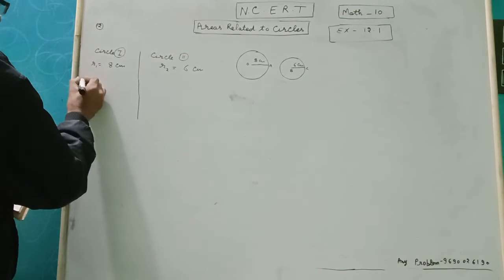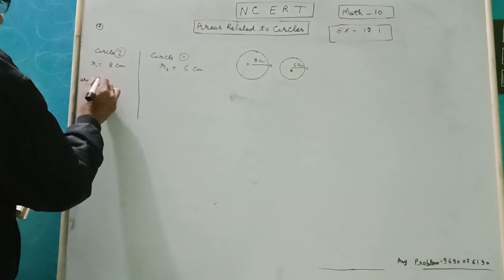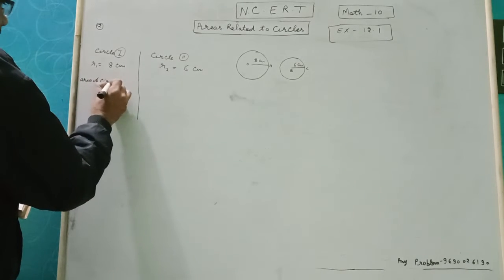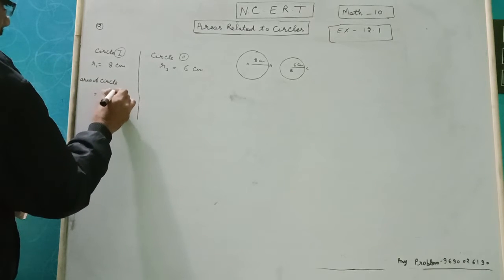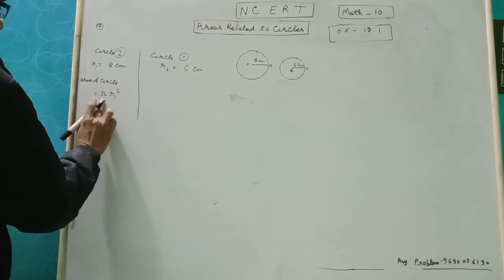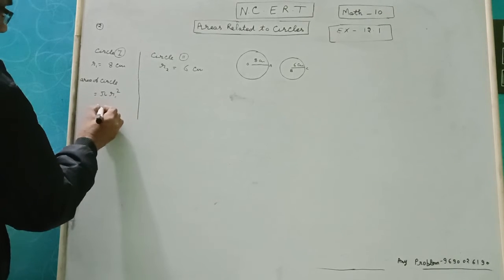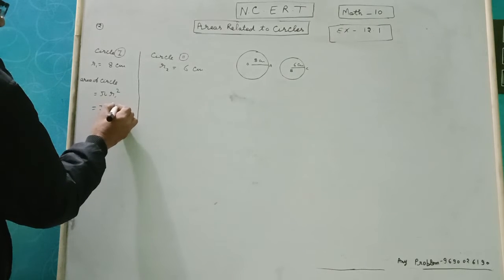Area of a circle: pi r square is the formula. Put the value of r equal to 8.